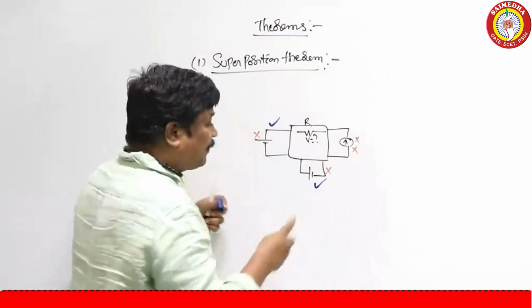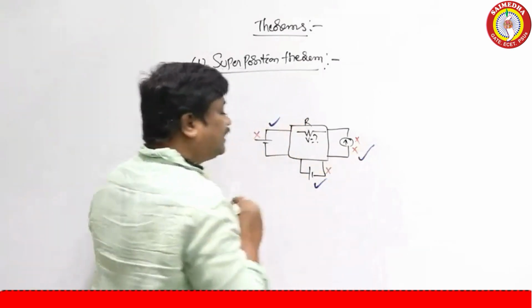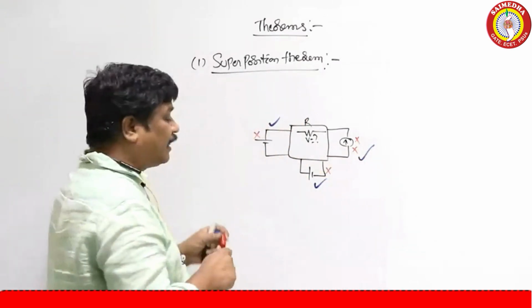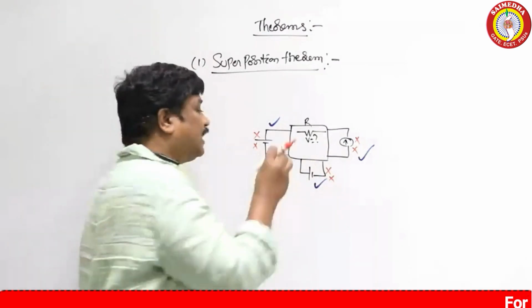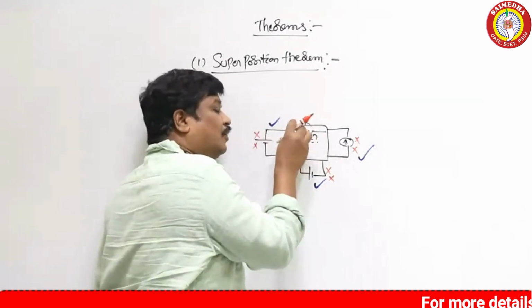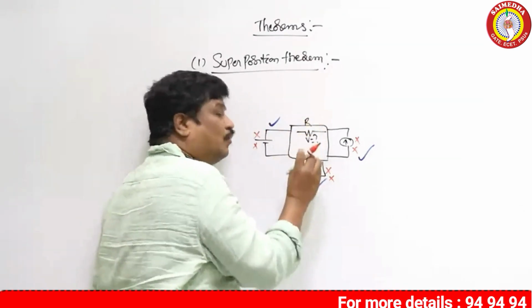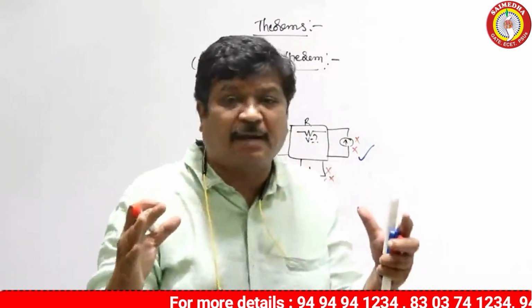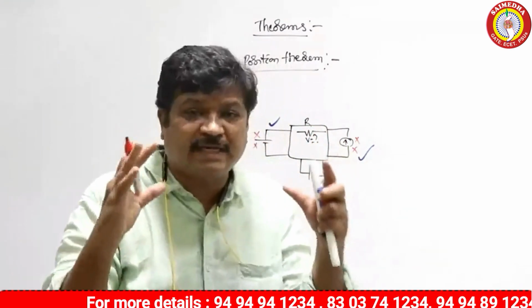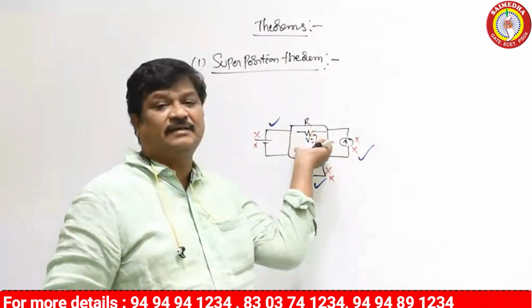Similarly, for the third source, make the remaining two sources inactive. Whatever the response due to each source, all the individual responses combined together give the resultant response in this network element.